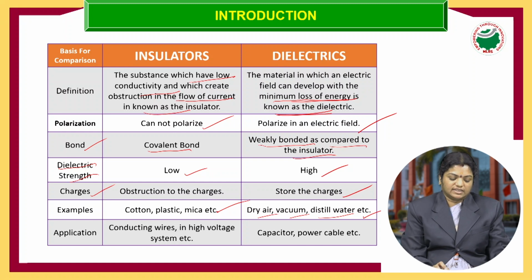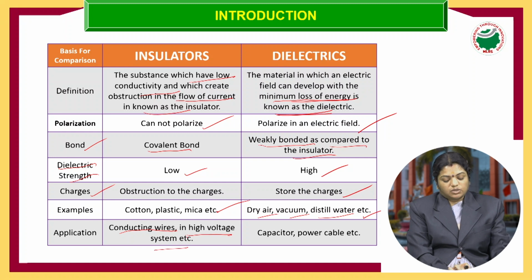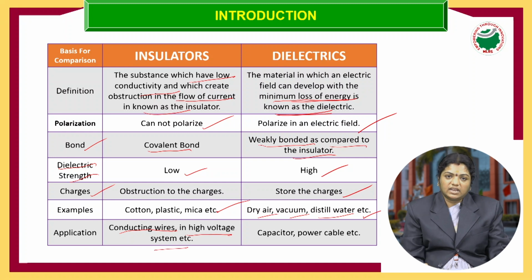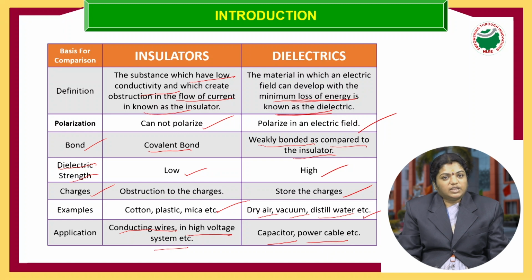Insulators are used for conducting wires in high voltage systems. Dielectric materials are used in capacitors, power cables, etc. These are all the differences between insulators and dielectrics.